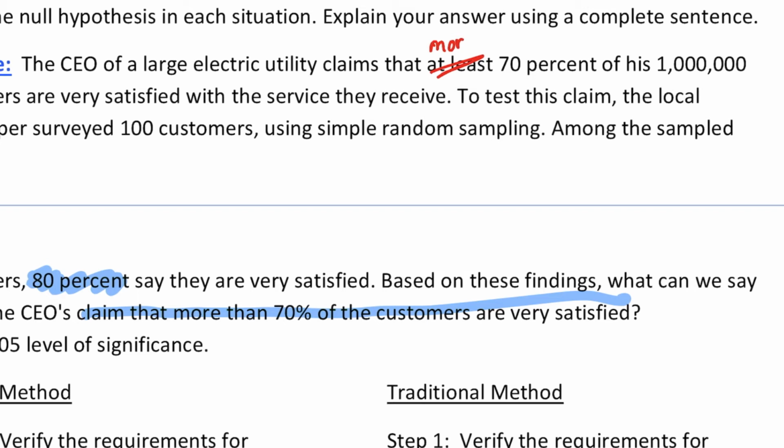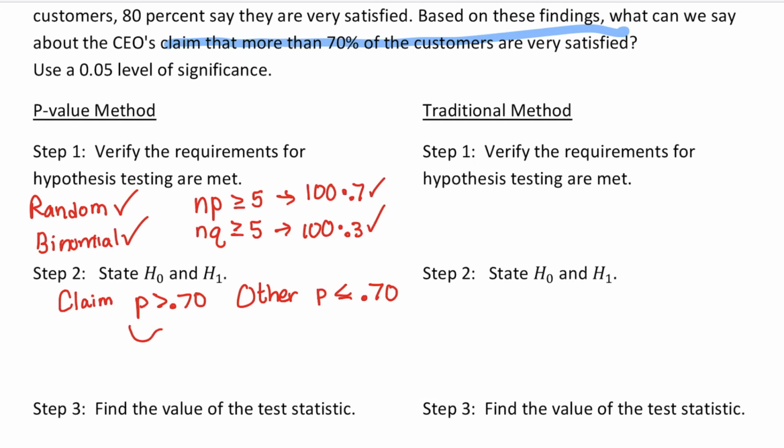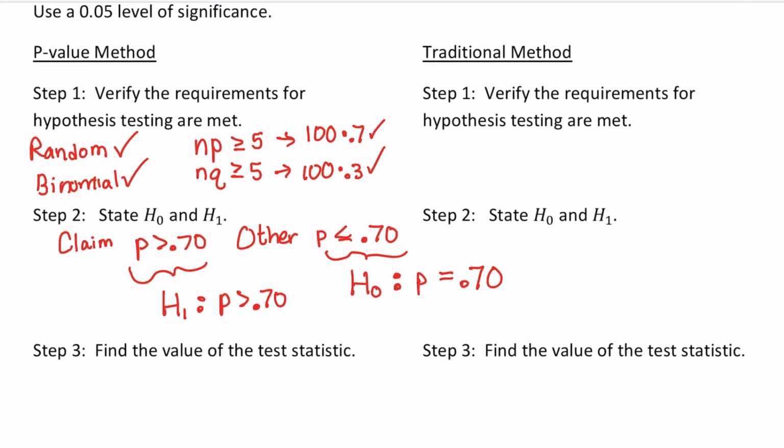The last line says more than and the first line says at least, so I'm just going to edit and say that we're doing strictly more than instead of at least. And then back to our alternative hypothesis: it is p is greater than 0.7, and our null is, as always, p is equal to 0.7.